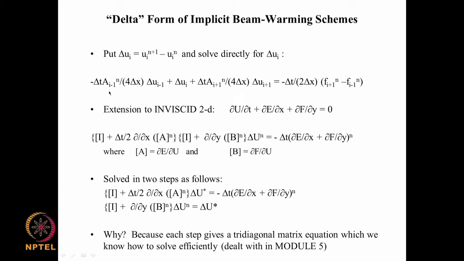This is the tridiagonal form with coefficients of delta t a_(i-1)^n by 4 delta x and a_(i+1)^n divided by 4 delta x here and 1 here, and so this gives us a neat little form for the equations, and we solve not for u_i^(n+1) but delta u_i. This is known as the delta form of the implicit Beam-Warming scheme. It is not any different, but it allows us to put it in a concise form.